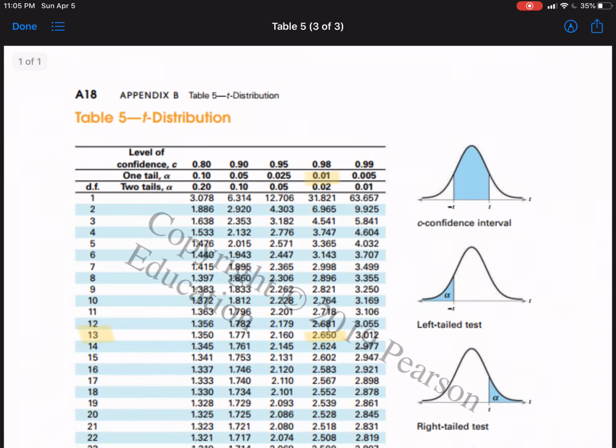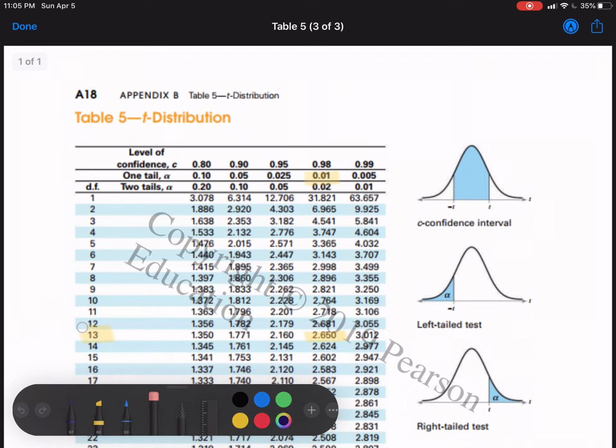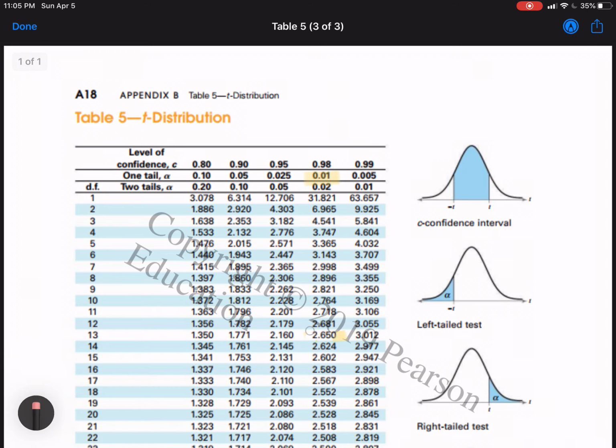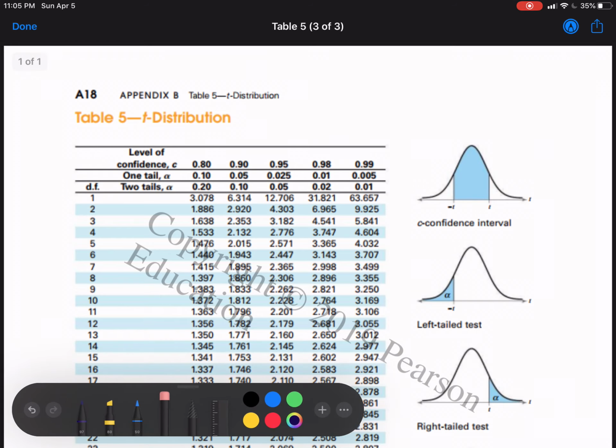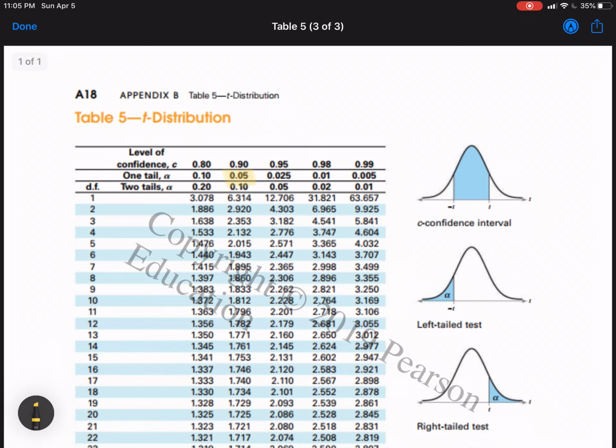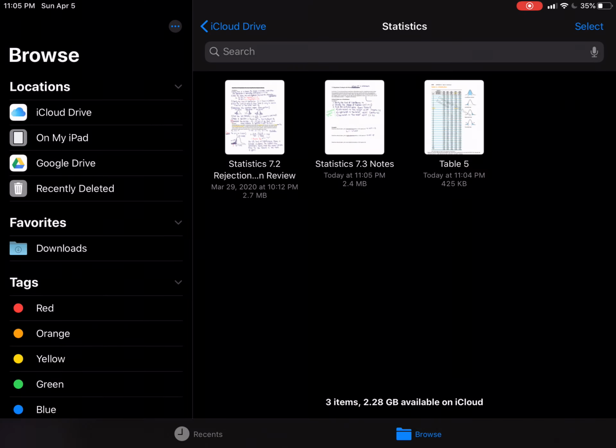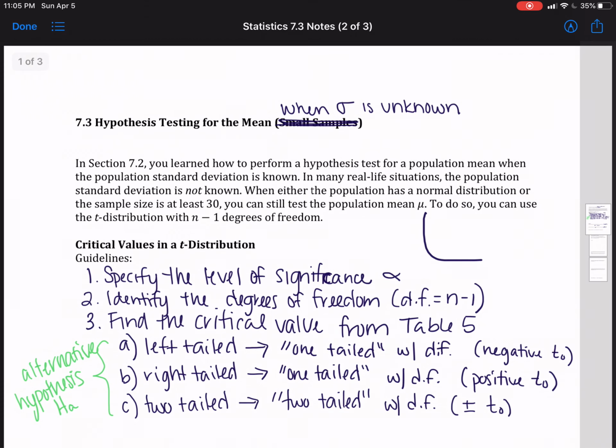So now we're looking at when our degrees of freedom is 8 and alpha is 0.05. So we're one-tailed and 8, so that makes our critical value 1.860. And it's going to be positive because it's right-tailed.